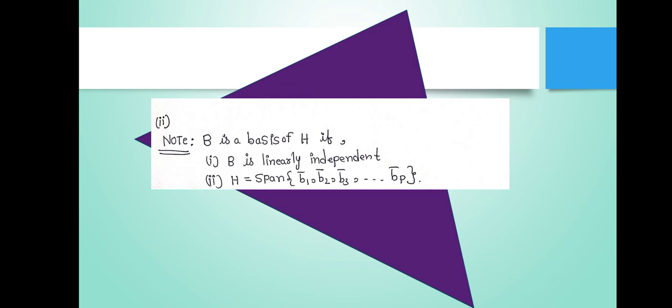All are independent vectors which do not depend on others. So B is linearly independent, the first case. Second, if H is equal to the span of B1, B2, B3 up to BP, using the vectors in B as a spanning set we get H. First linearly independent, then we need to get the complete H. So we say these vectors are a basis of H.